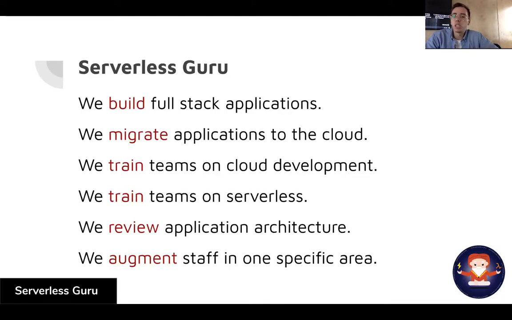And then we also train teams on serverless. So this is more deep diving into how to build serverless applications. And we mostly do this for clients who are coming from more traditional software development backgrounds. Things like Java Spring, or other more older architectures, which can be optimized for a serverless pattern, but you need kind of the tool set to do that.